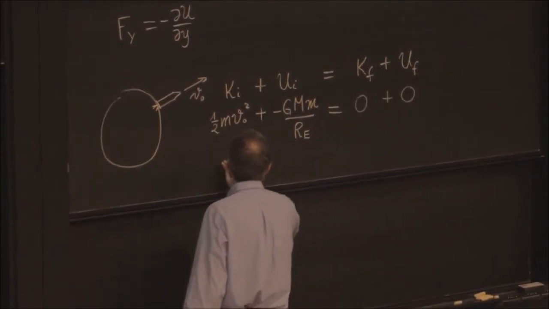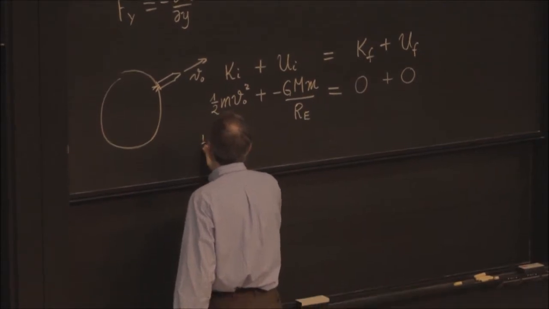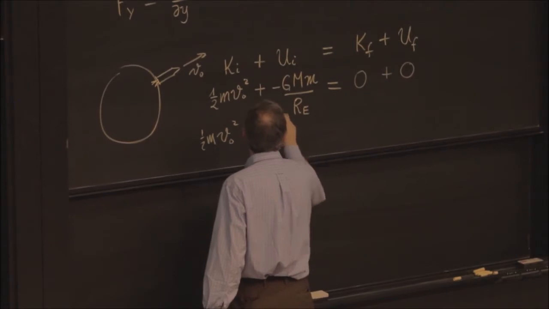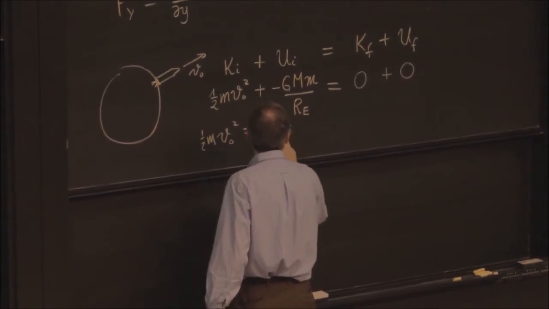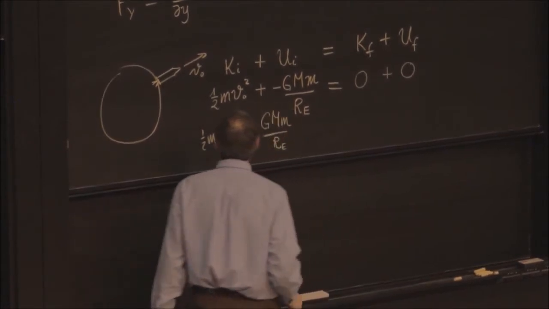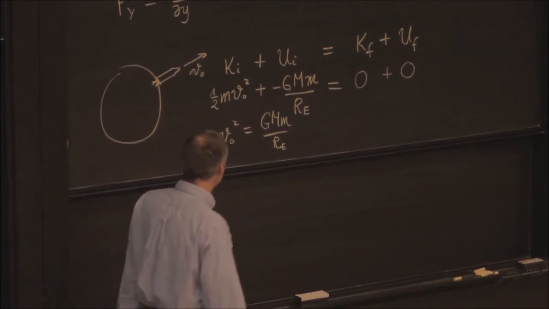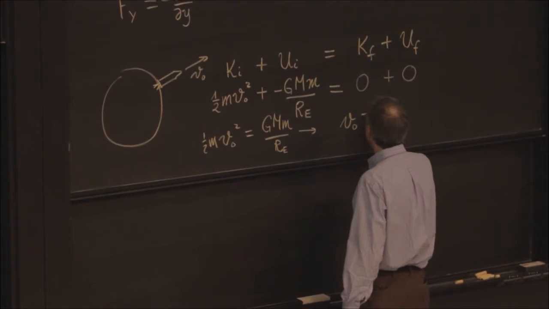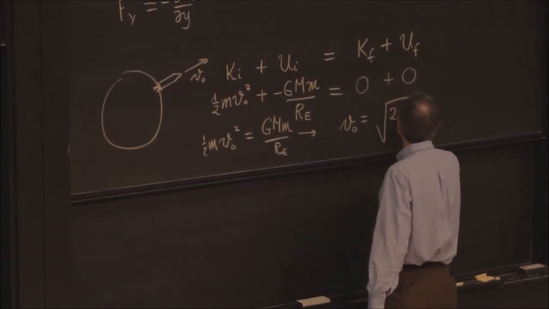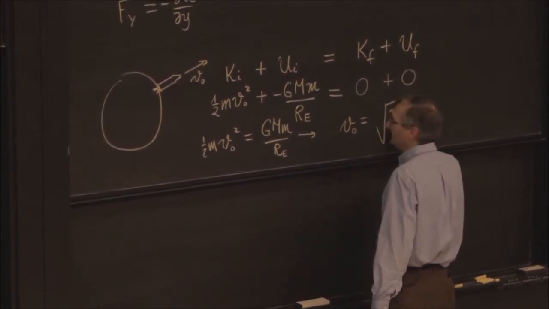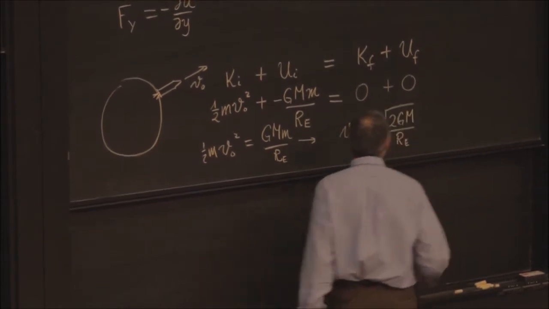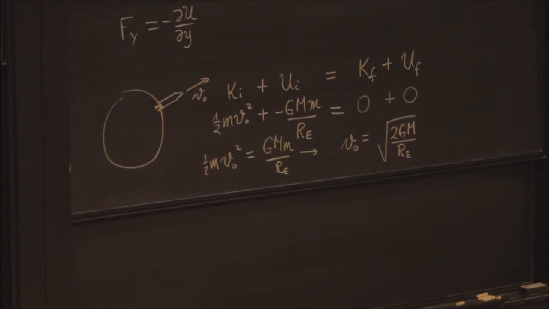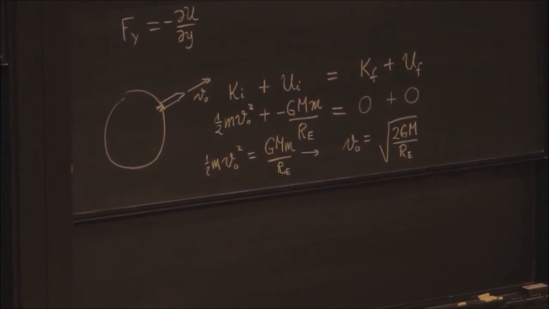So therefore, one half m v naught squared is equal to big G, big M, little m over the radius of the Earth. So therefore, v naught is equal to the square root of 2GM over the radius of the Earth. So if we have that much initial speed, anyone have a guess as to how big that works out to be?